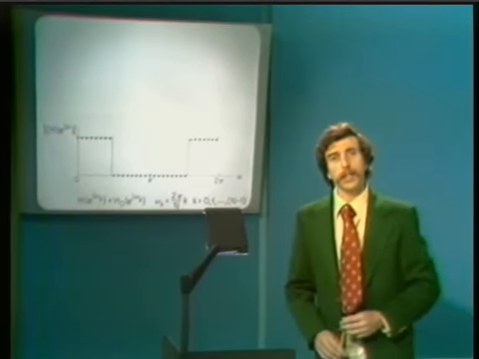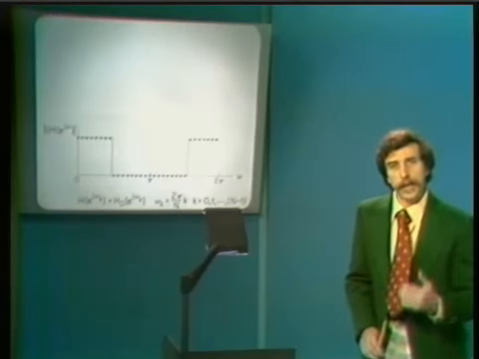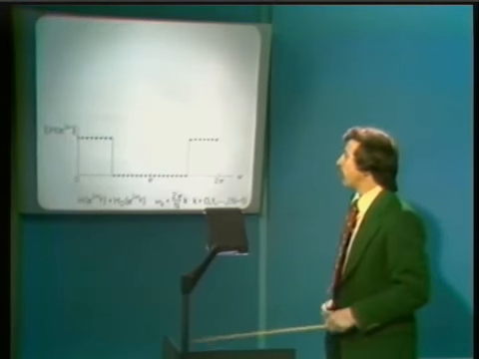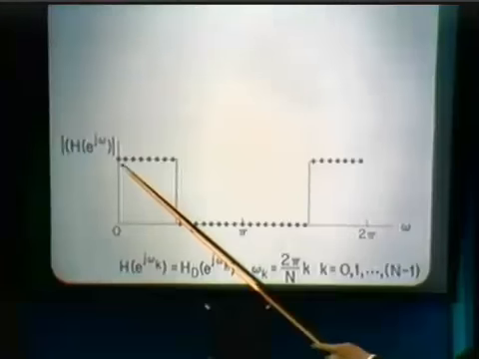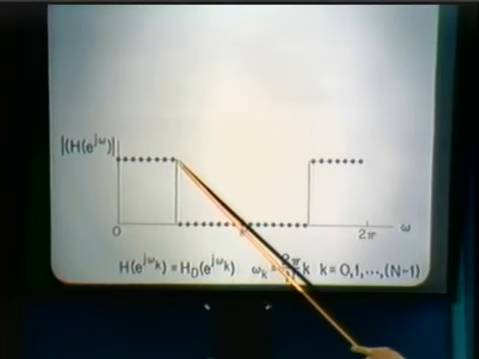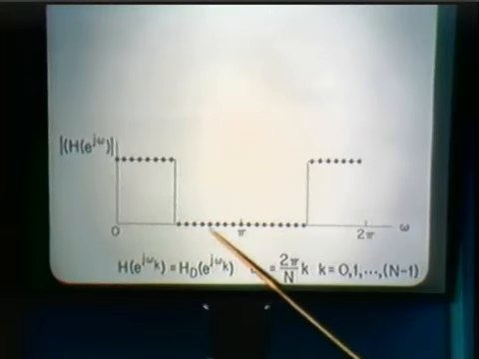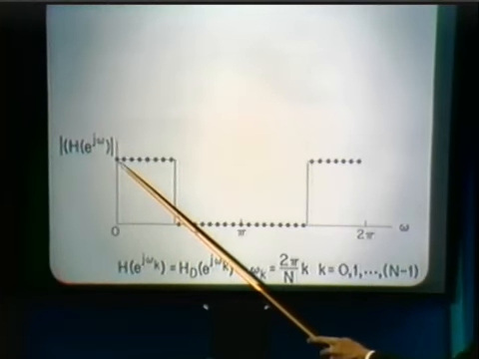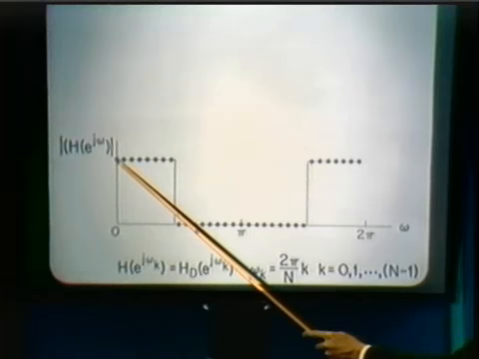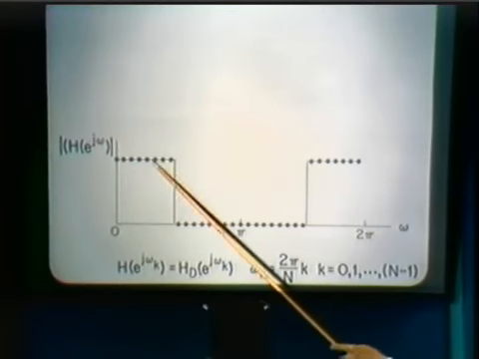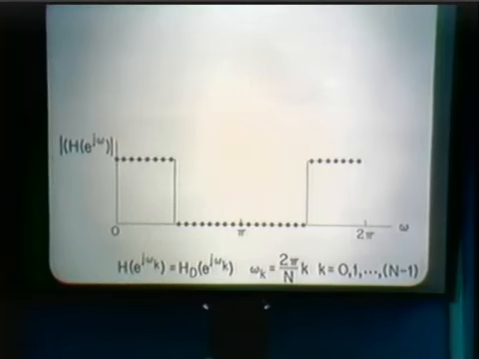And basically, the idea behind that procedure is to argue that if we have a desired frequency response, which I've indicated by the continuous line, then we could think of designing a digital filter by specifying samples of the desired frequency response at equally spaced points along the frequency axis.